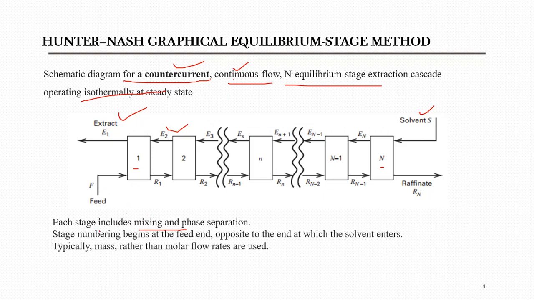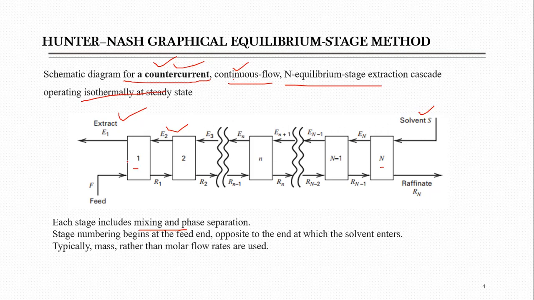Then there are the stage numbers, numbered from 1 to capital N. Stage 1 is the point where the feed is entering, and then we keep moving towards the other end, because this is a countercurrent system in which the solvent enters from the other end. For example, consider that N is equal to 4.